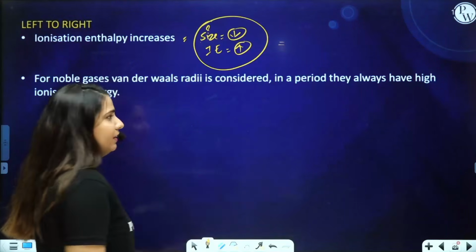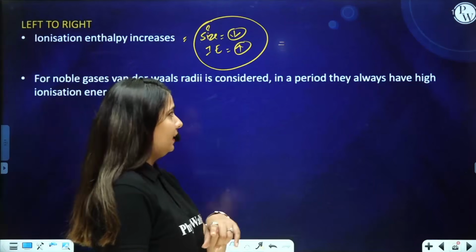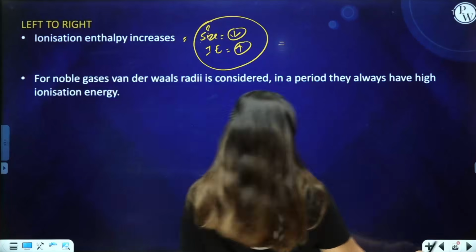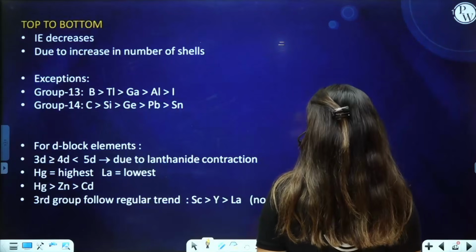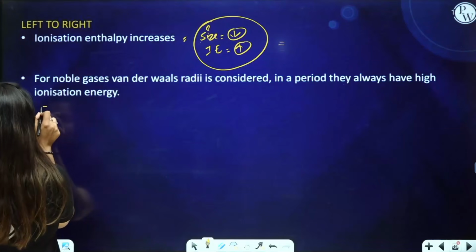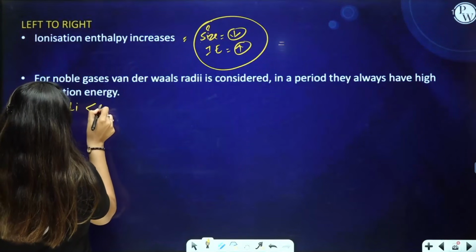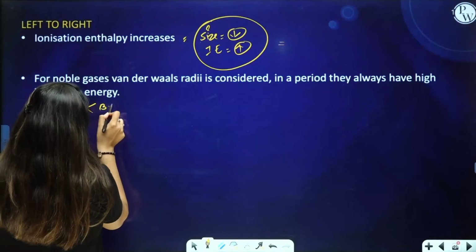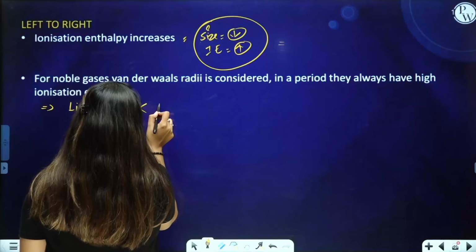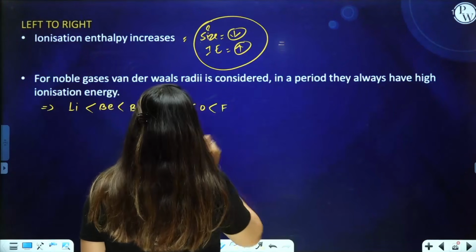Normal order we are following. We are not doing something very exceptional. For noble gases, van der Waals radii is considered in a period. They always have a high ionization energy. If I write the order, lithium, then beryllium, then boron, then carbon, nitrogen, oxygen, fluorine.